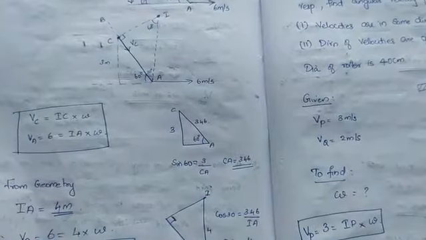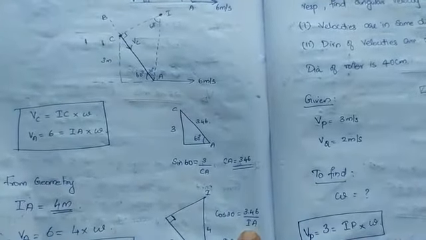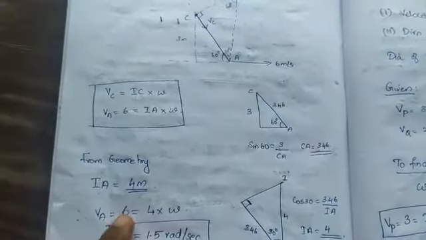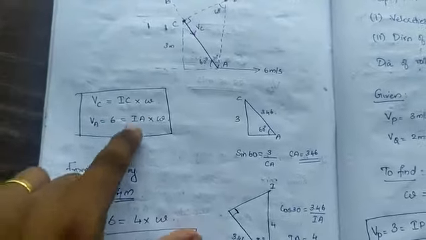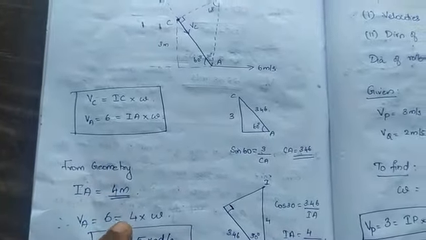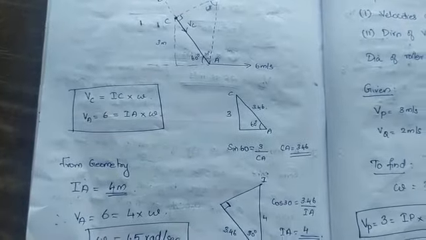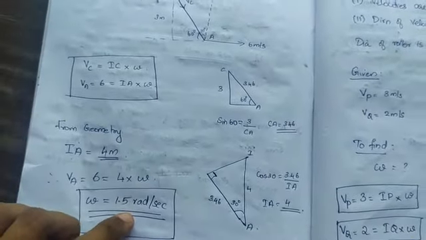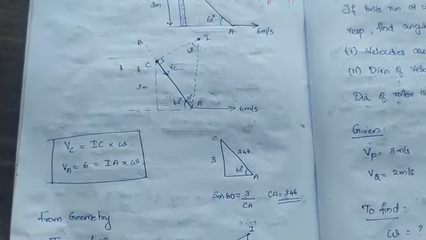Then cos 30 is 3.46 by IA, so IA is equal to 4. Substitute IA in the equation IA into omega equals VA, and you get omega as 1.5 radian per second. We'll do some more problems regarding this in the next lecture.